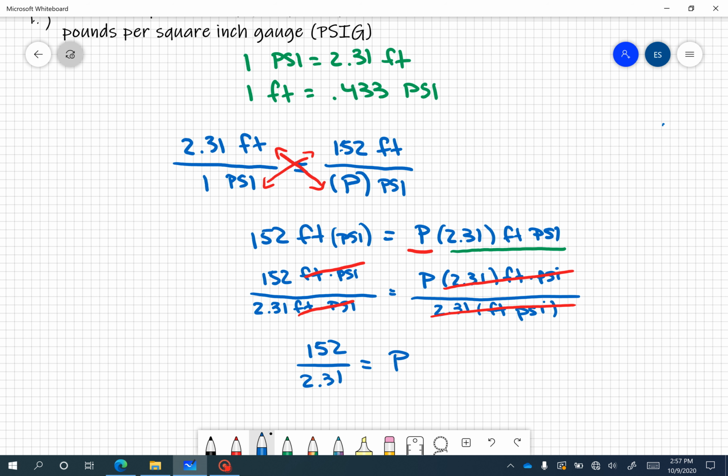And if we divide that out, our pressure equals 65.8 PSI.